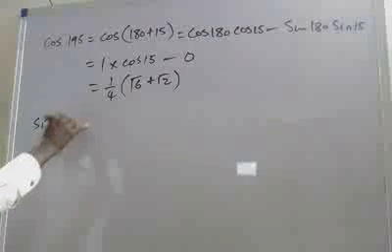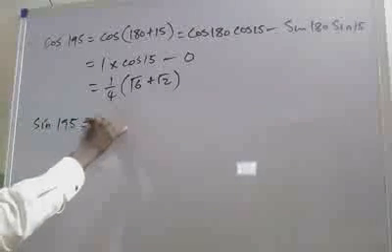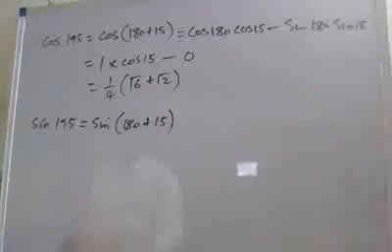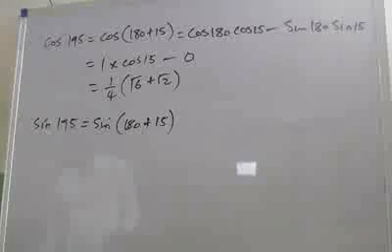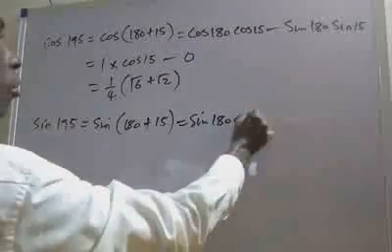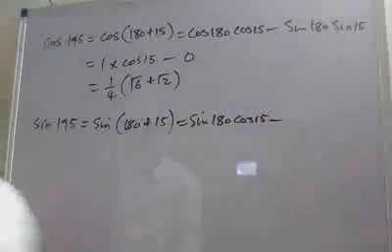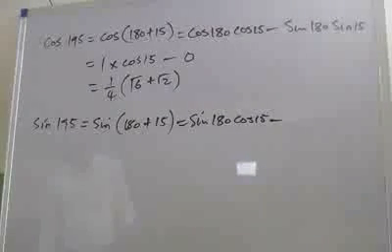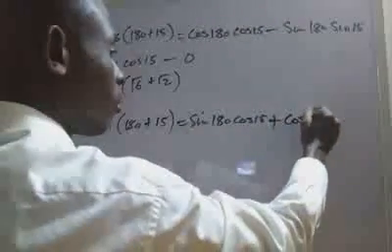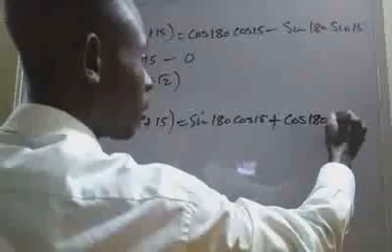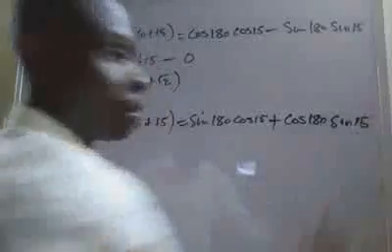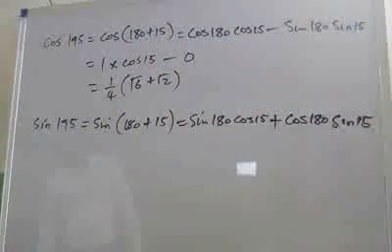Then let's quickly look at sine 195. Sine 195 is the same thing as sine(180 plus 15), which is sine 180 cos 15 plus cos 180 sine 15.